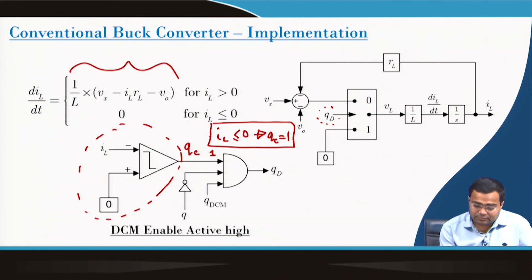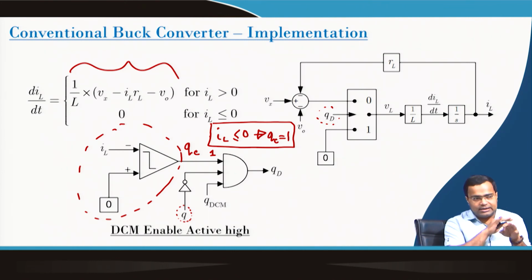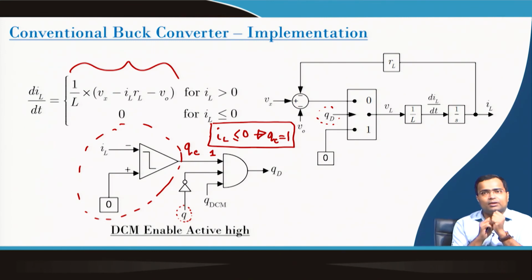Now, we are talking about the scenario when the Q switch is off. That means, if the current is already at 0 and the switch is turned on, then if we continue this logic, the inductor current can never rise.